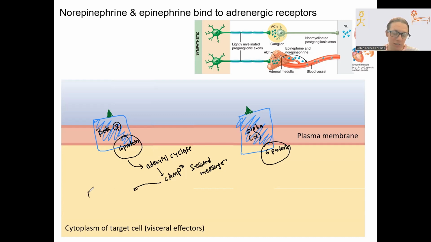So there's actually still two types of beta receptors, beta 1 and beta 2. Beta 1 is going to increase cardiac muscle stimulation and contraction. Beta 2 is going to cause smooth muscle to relax.